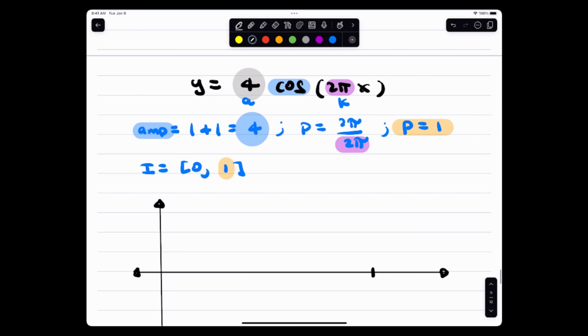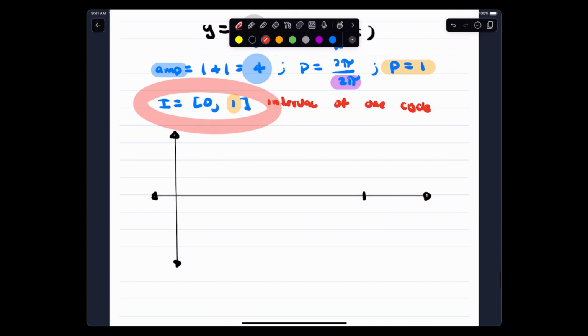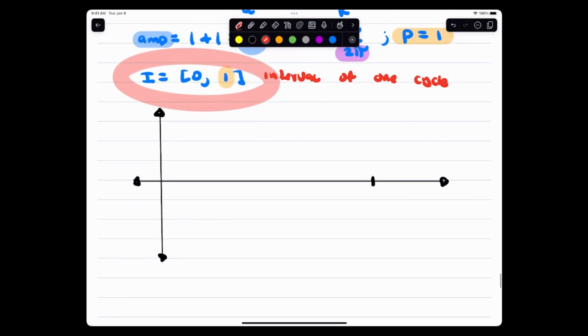Okay, so again, you already found this earlier. What's your interval of one cycle? Right there. You start at 0 and you end where? At 1. So you start at 0 and you end at 1.